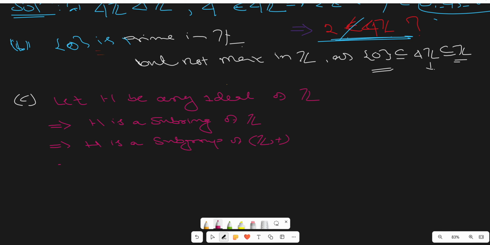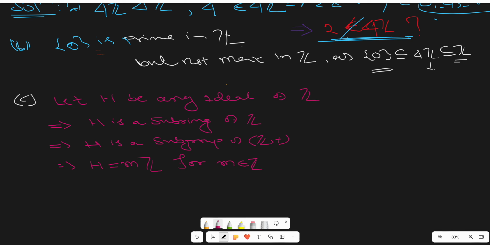This implies that H is some mZ for some m belonging to Z, because in the group theory course we learned that every subgroup of Z is of the form mZ.